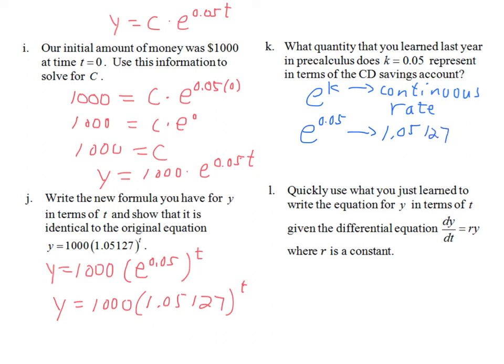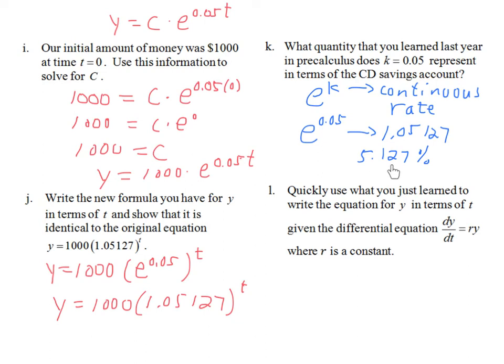1.05127. So what that means is ultimately, even though the bank said they were only going to pay you 5%, your actual yield, what you end up with at the end of the year, is 5.127%, which is, of course, the percent that we started with in our problem.